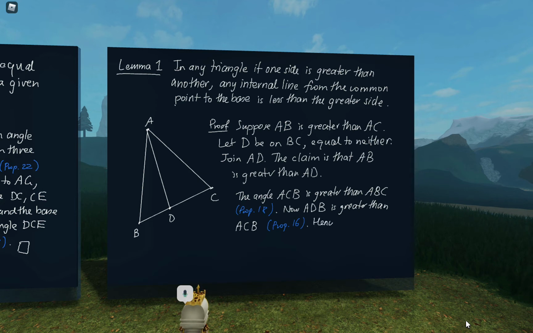Hence, ADB is much greater than ABC. But now I turn the argument around: the side subtended by the greater angle is greater than the other one. So, nice, AB is greater than AD. That's proposition 19.